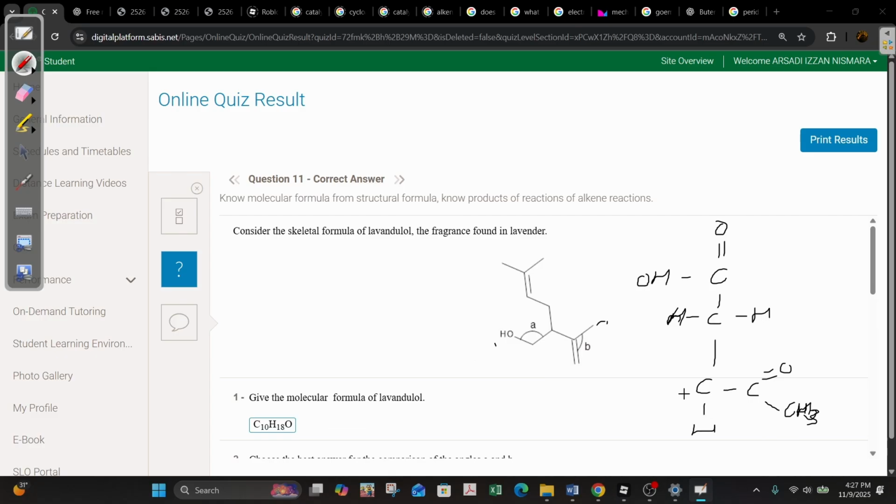There is a hydrogen on it, and this will be another carboxylic group. Okay, this is what you should get as your end product.